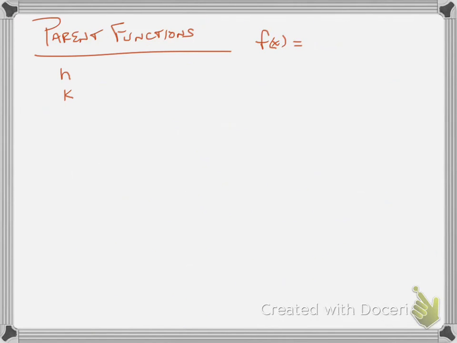You need to know the shapes of all the parent functions and what they all look like. I'm going to do just the quadratic here, but you need to know what they look like as the equation and what they look like as a graph. So for the h, all of the h's will shift the parent function horizontally.